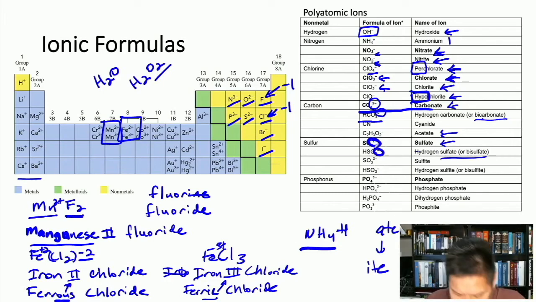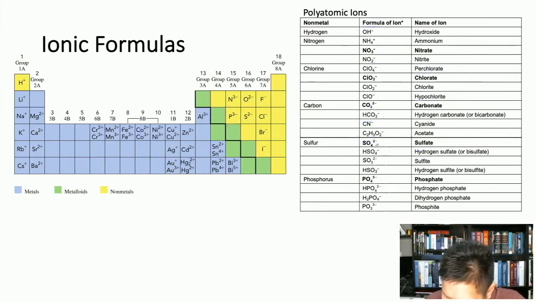Let me erase that, it's kind of hard to see. Try that again. So here's the 2 charge, and when you added the hydrogen to it, it became bisulfate or hydrogen sulfate, and it became a -1 charge.